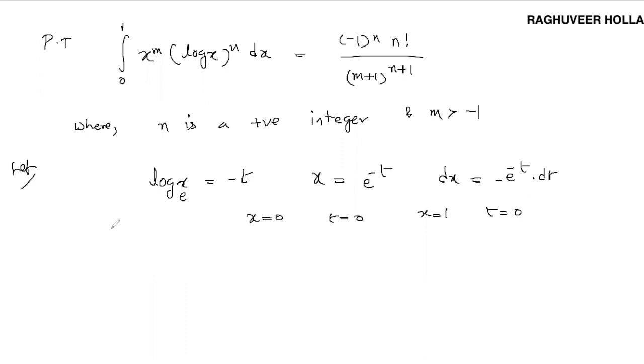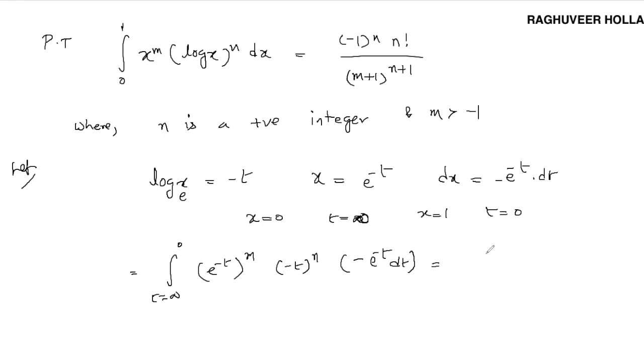Now let us substitute it. T is infinity to 0, e to the power of minus t to the power of m, minus t to the power of n, minus e to the power of minus t dt.